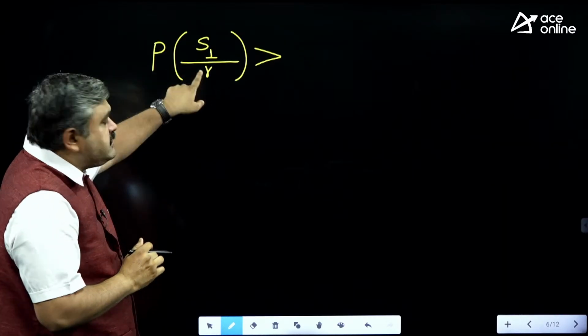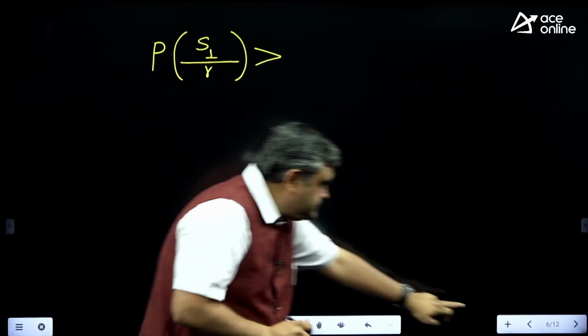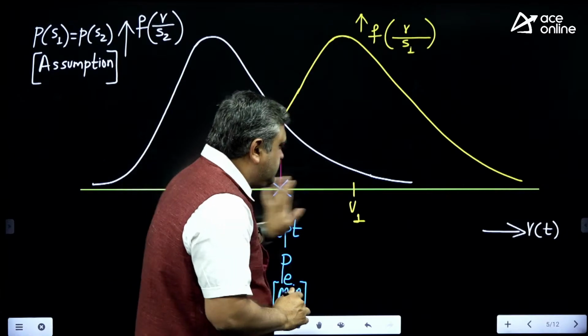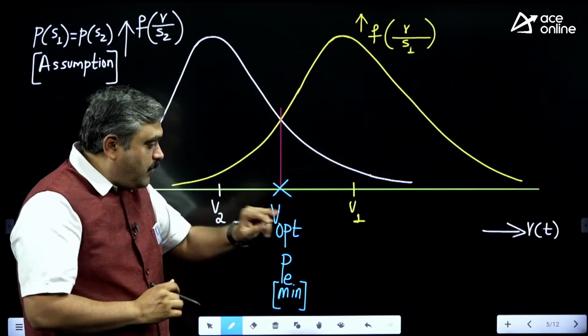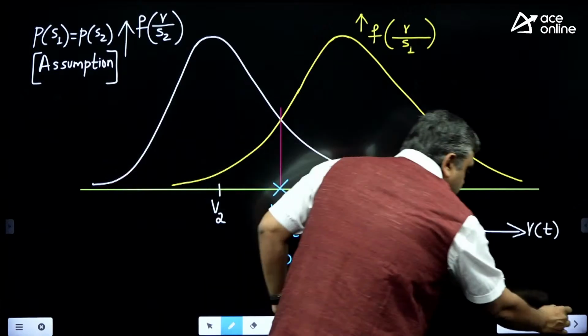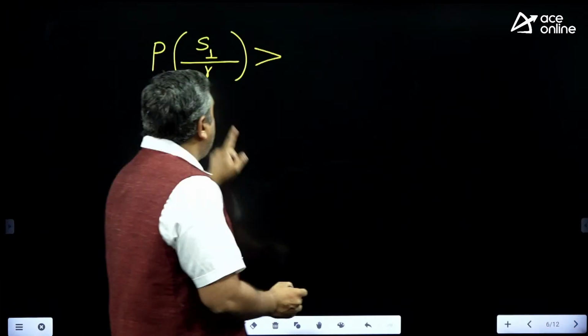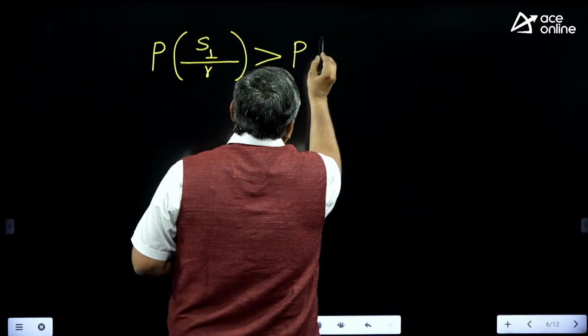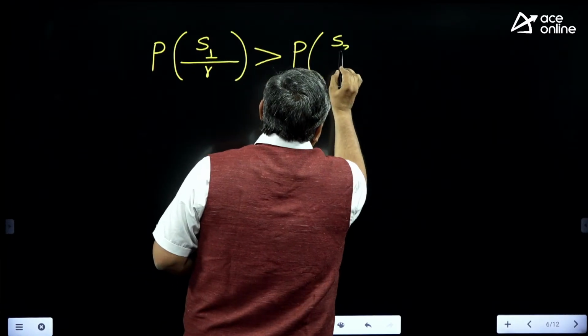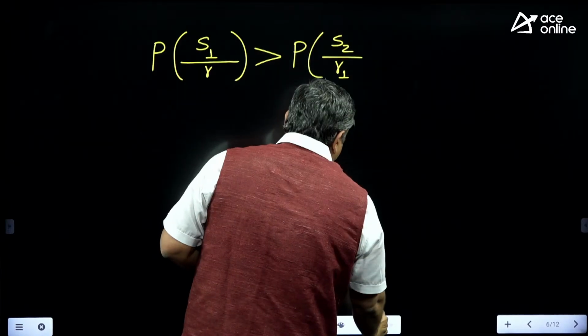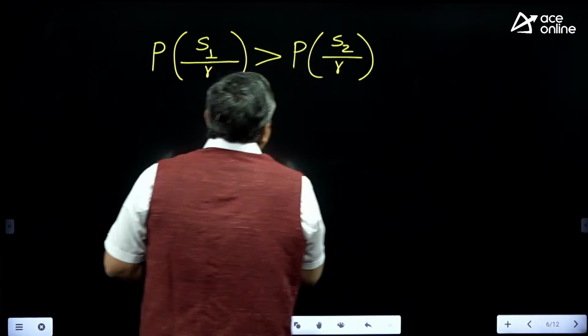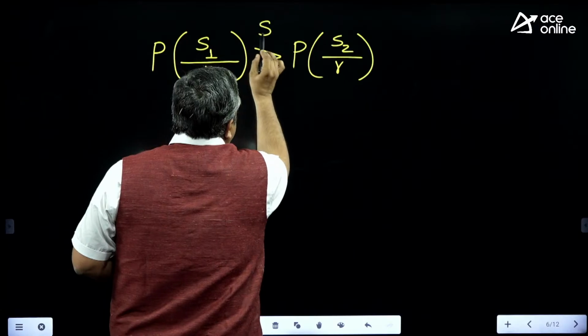For all the values of the received signal, means what? It can be anything on this x-axis, from minus infinity to plus infinity. What I am saying is, if the probability of finding S1 happens to be greater than S2, then you decode the signal as S1.